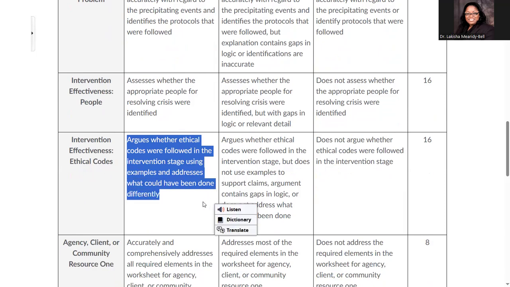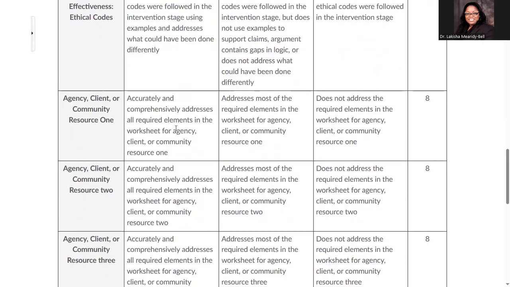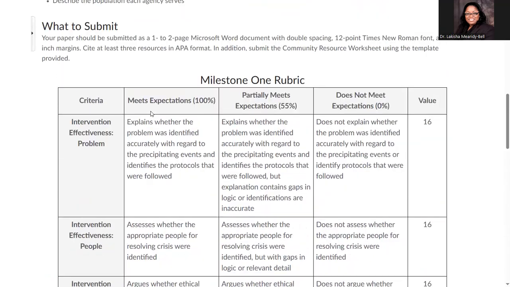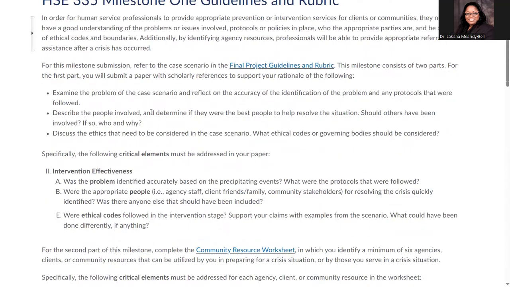And of course, the course text gives more of a conversational breakdown in terms of ethical codes, and feel free to utilize your course text as well. Revisit all of the rubric guidelines identified for this assignment because it has 2 parts. And if you have any questions or concerns, feel free to reach out to me at l.merity-bell at snhu.edu, or you can just visit the virtual office and post your question or concerns there.